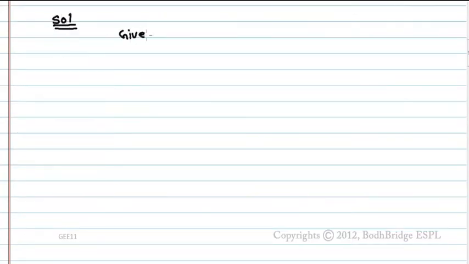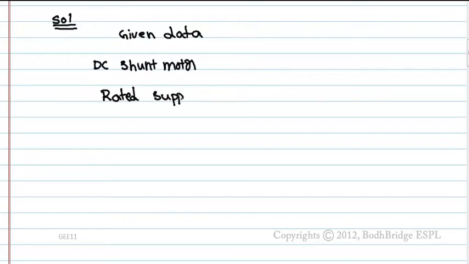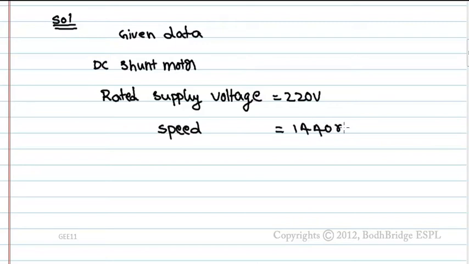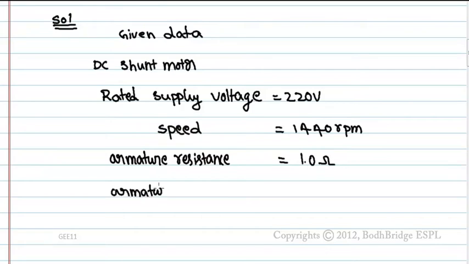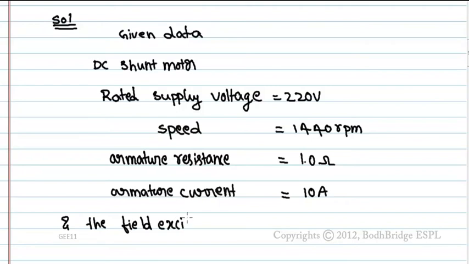Solution: Given data: DC shunt motor, rated supply voltage V equals 220 volts, speed equals 1440 rpm, armature resistance equals 1.0 ohm, armature current equals 10 amperes, and the field excitation is reduced by 10%.